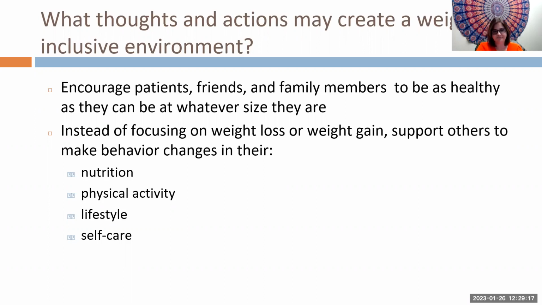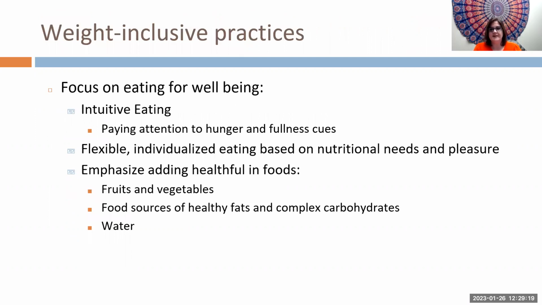What are some other weight inclusive practices, and what does weight inclusion look like in practice? Typically, a weight inclusive paradigm is going to focus on eating for well-being, using things such as intuitive eating, which many of you may have heard about, where you're paying more attention to your hunger and fullness cues and more attention to your relationship to food and your thoughts about food, rather than a strict calorie restricted diet.